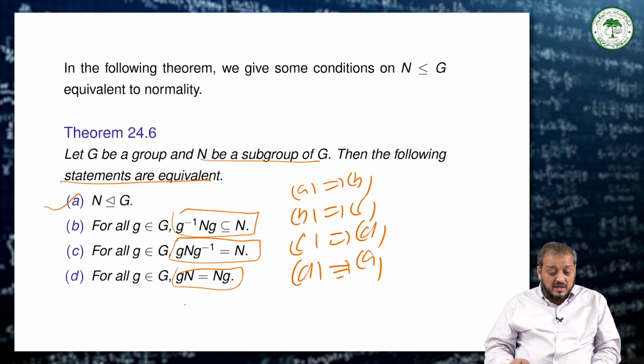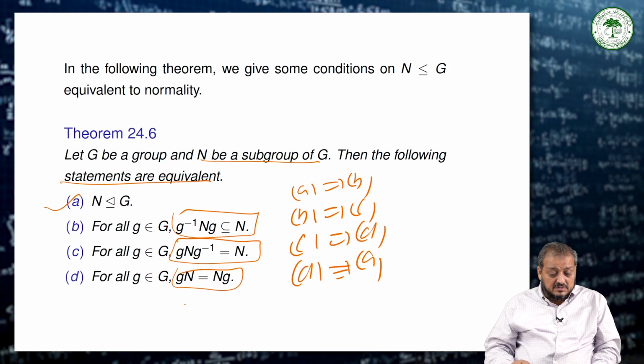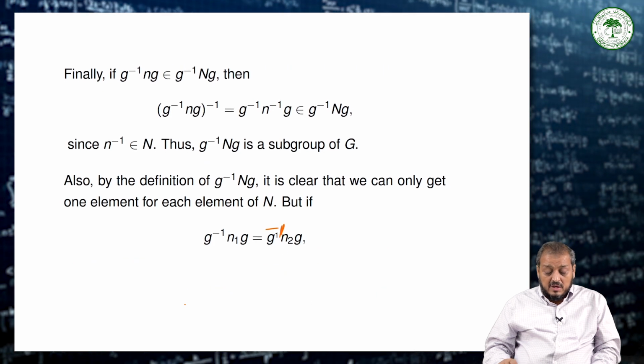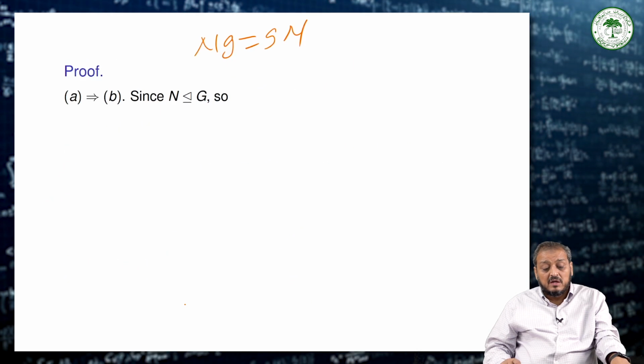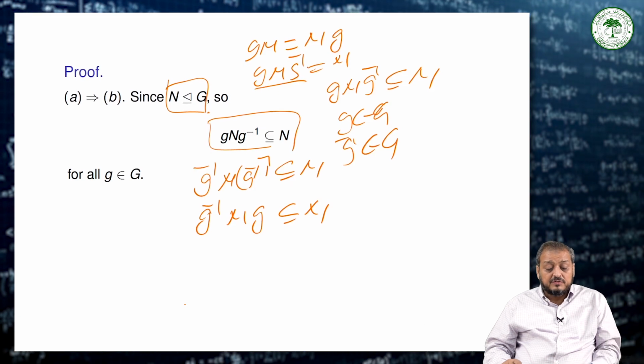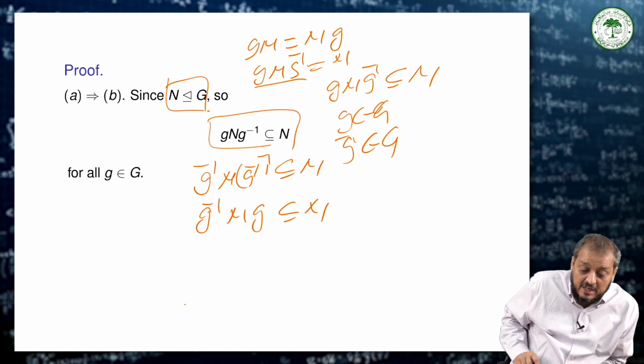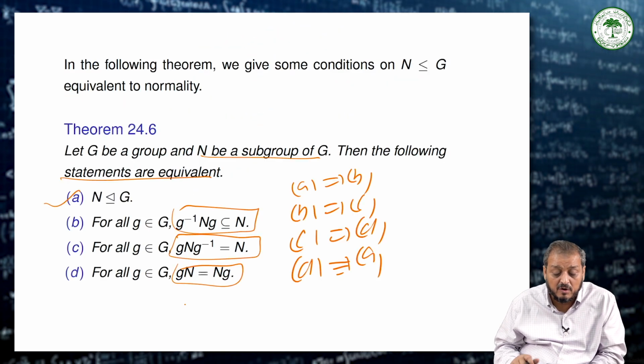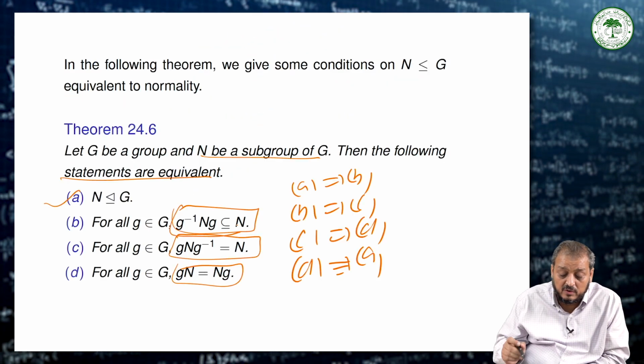So we have to just say that A implies B, A implies C, A implies D, B implies C, B implies D. So we have to satisfy all these results. A implies B means we have a normal subgroup. Then we have to show that if N is normal, then this is contained in this form.